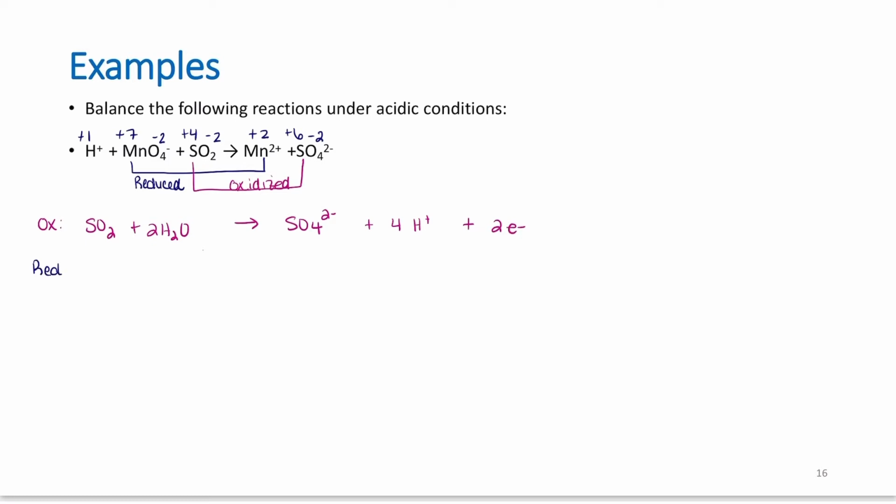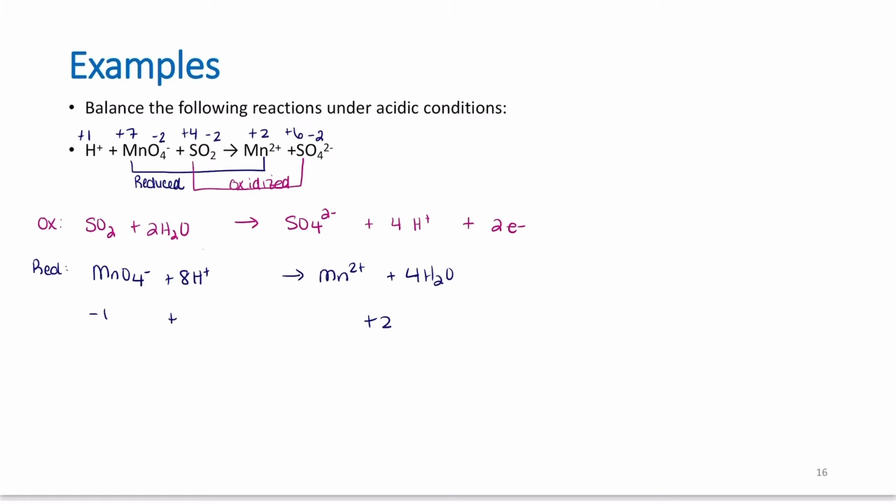And my reduction reaction, MnO4- giving me Mn2+. I'm going to add 4 waters to balance out my oxygens, 8 protons to balance out the hydrogens, and now I have a +2 charge over here, -1 and +8, so +7 charge over here.